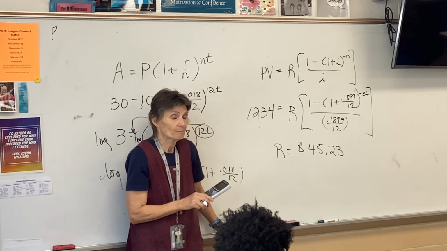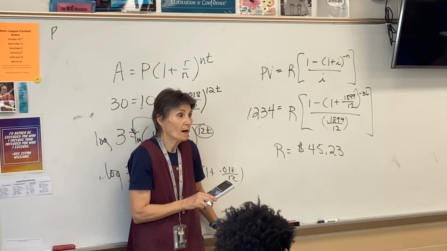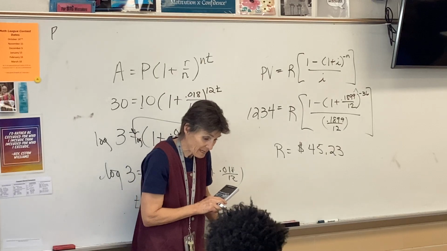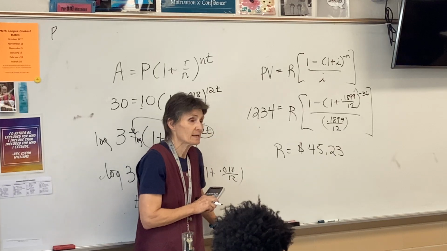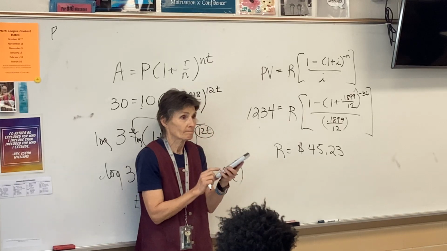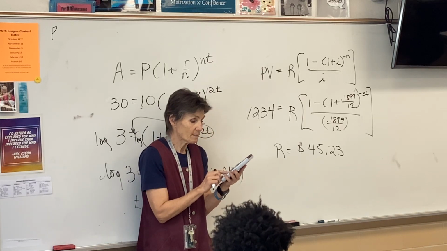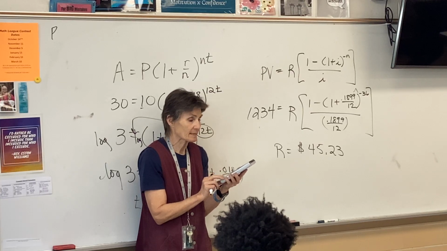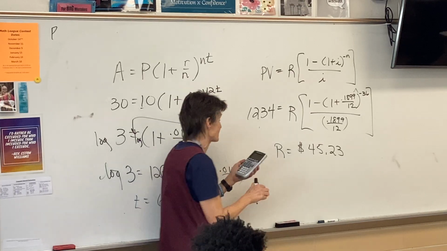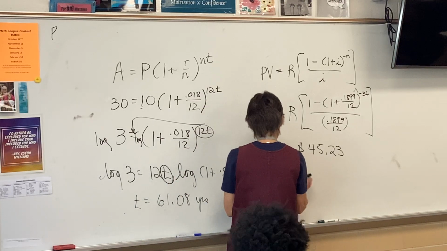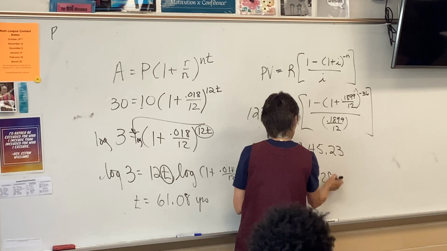Now, what is the answer to B? How will I figure out the answer to B? What will I do? I'll take 45.23 and multiply it by 36. I'm going to make 36 payments, so I'm going to end up paying this much money.